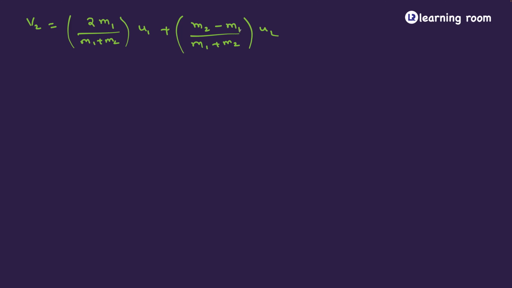Am I right? So it is 2 times M1, and M1 is 10, so 10 into 2 is 20. 20 divided by 30 into the value of U1, plus M2 minus M1, which is 20 minus 10, so it will be 10. 10 divided by 30 into the value of U2. But it should be minus 10.